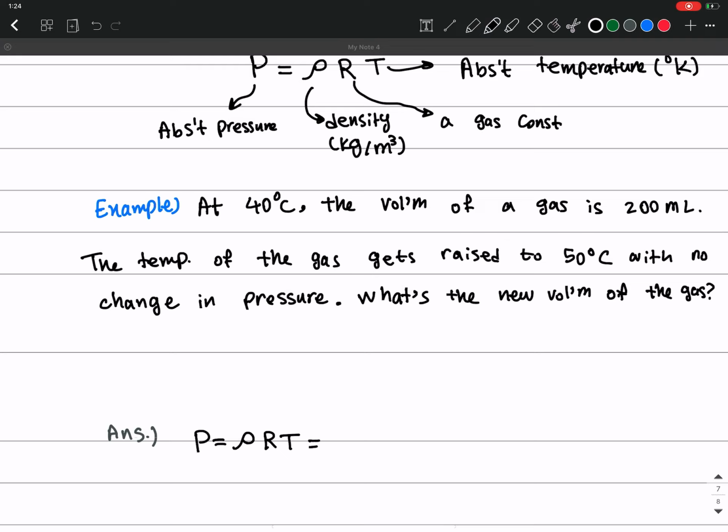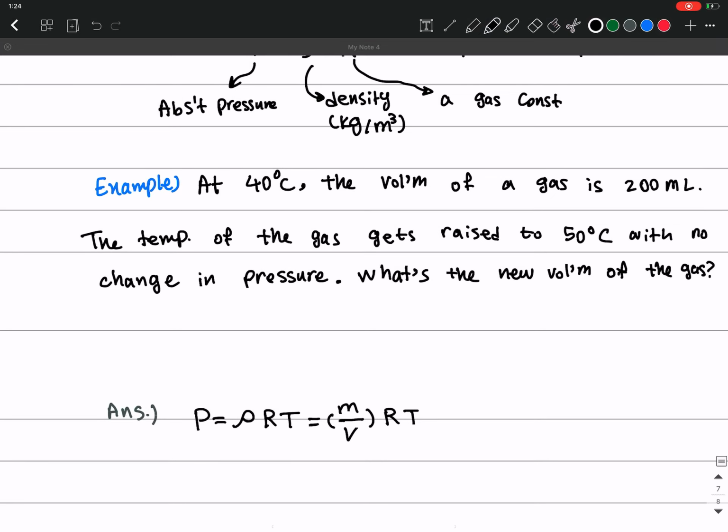Rho is density, so I can write it as M, which is mass, over volume, times RT, correct?